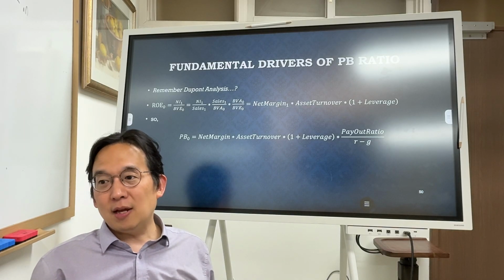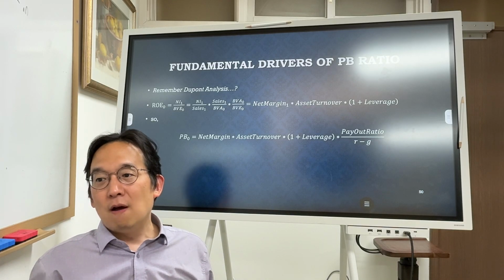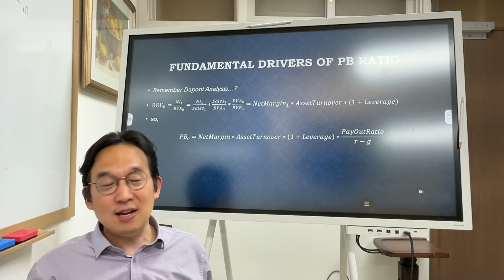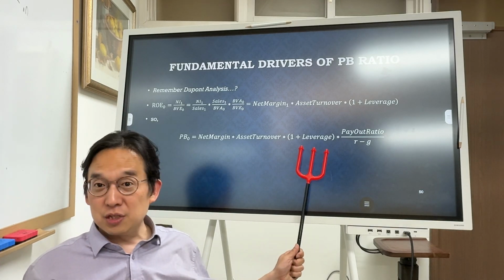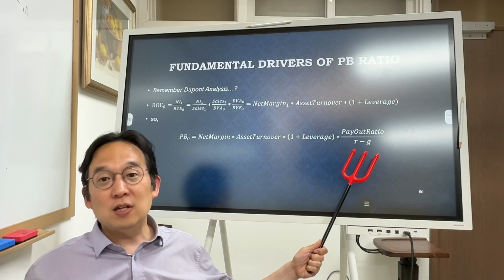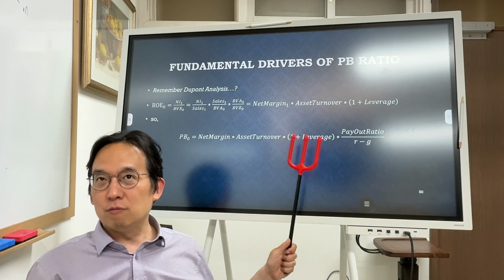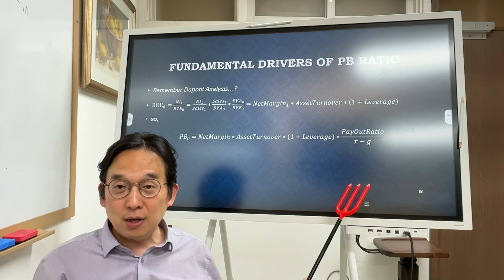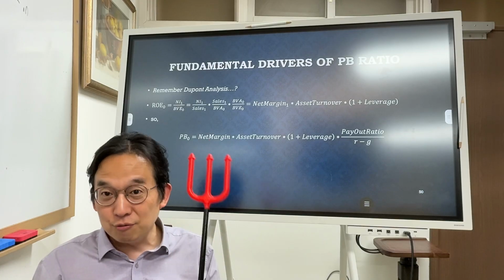But at the same time, you look at each variable, there is a tension. Clearly you find leverage is deeply rooted into, deeply affects your discount rate. Hamada equation, do you remember?